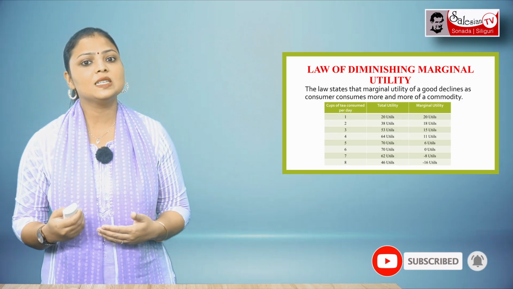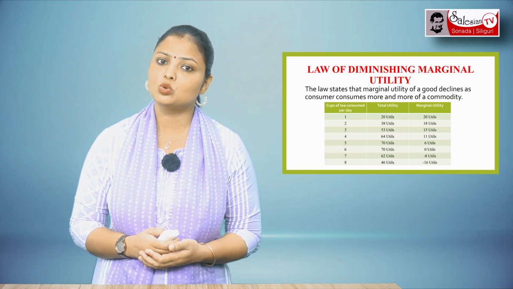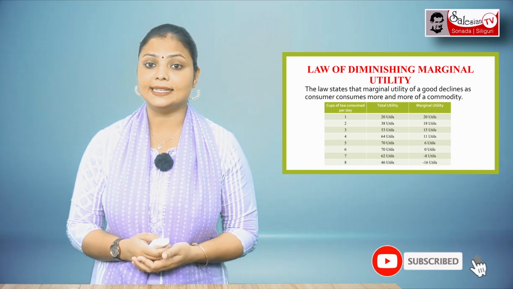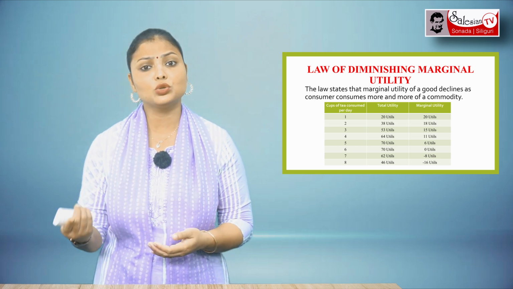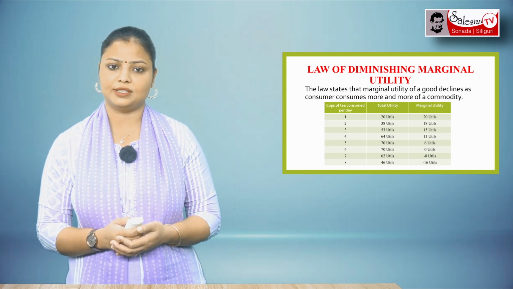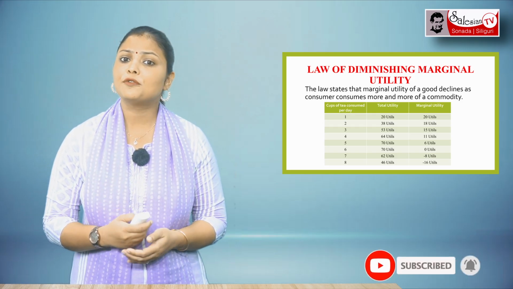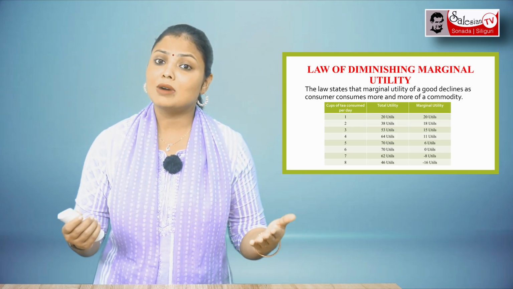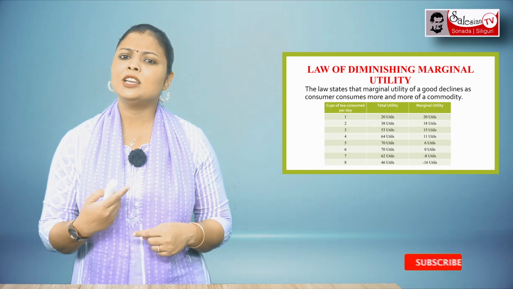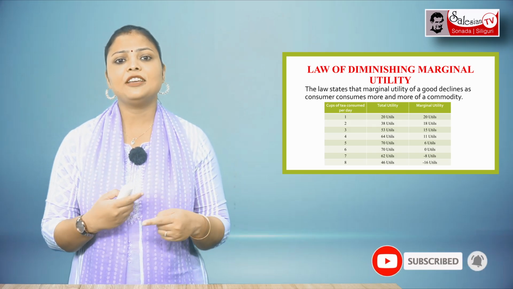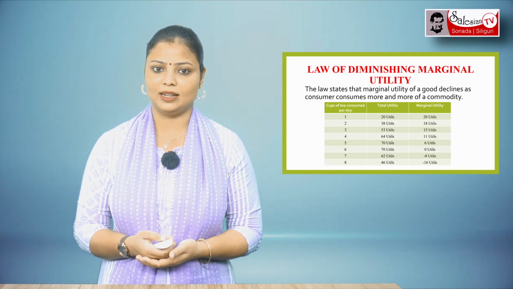Say, if a person consumes 1 unit of tea, then the total utility derived is 12 utils and marginal utility is 12 utils. If he further consumes 2 units, the total utility is 22 utils and the marginal utility is 10 utils. If he further continues to consume, his marginal utility declines and becomes equal to 0 when he consumes 4 units of the commodity, and if he consumes further, the marginal utility will become negative as well.